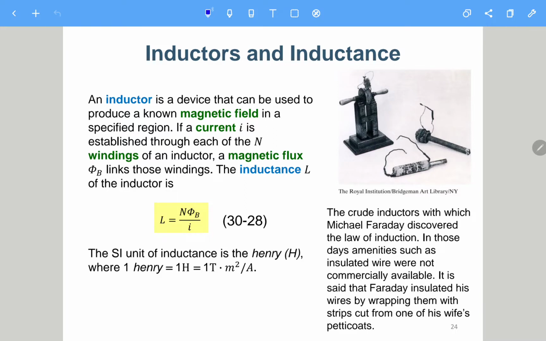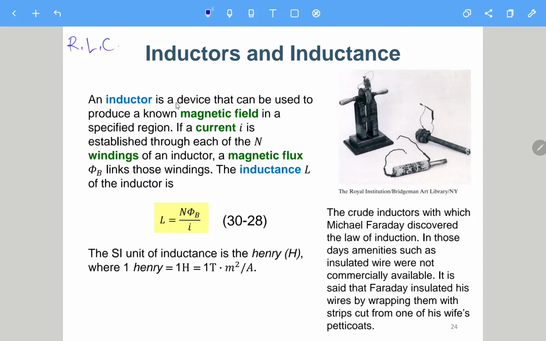So usually when we talk about circuit theory, the three fundamental elements are R, L, and C: resistor, inductor, and capacitor. So here we talk about the L.